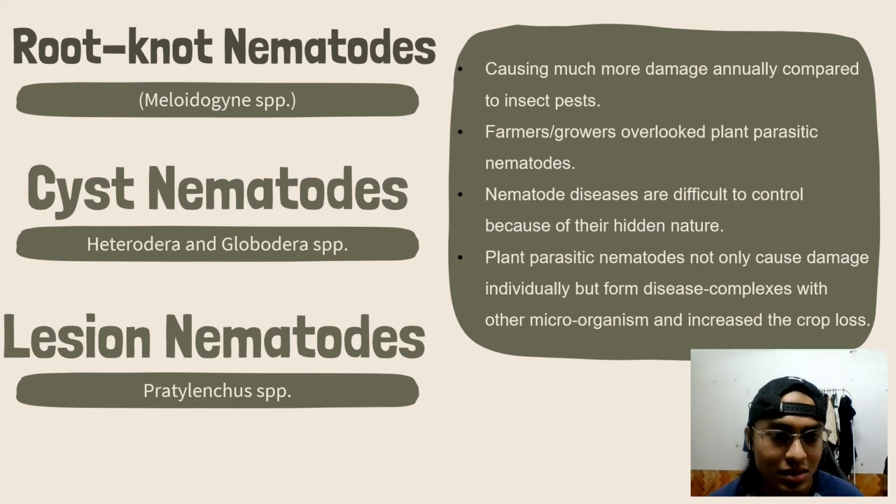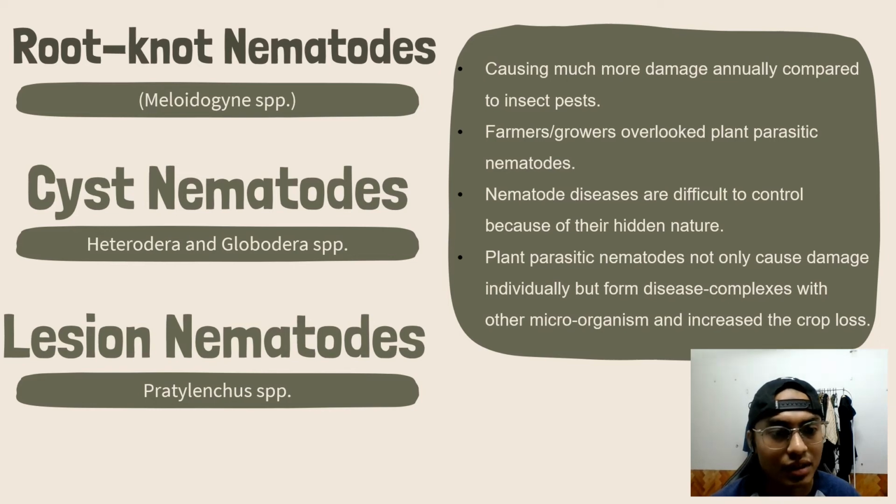Root knot nematodes, cyst nematodes, and lesion nematodes are ranked at the top of the list of the most economically and scientifically important species due to their intricate relationship with the host plants, wide host range, and the level of damage ensued by infection. Crop yield loss due to these tiny unseen pests in various countries is enormous.